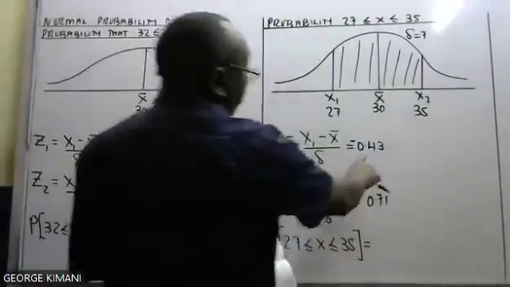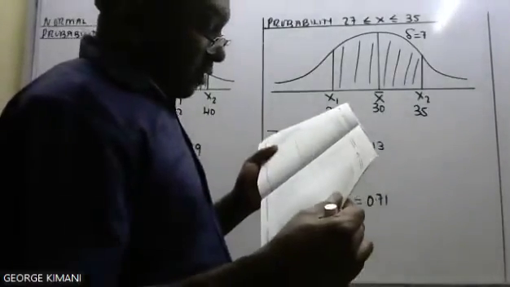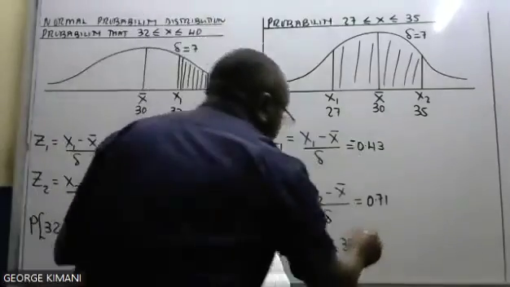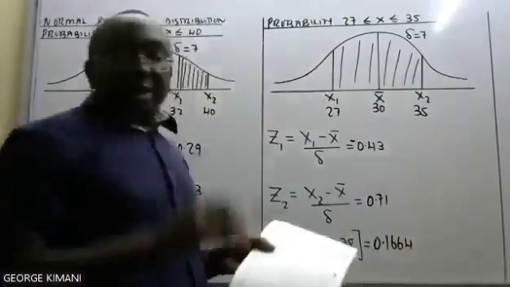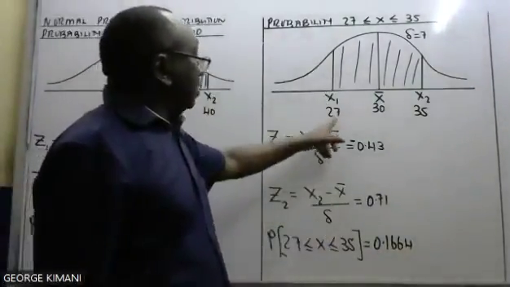So when you read for this one, 0.43, I'm getting 0.1664. That is now the probability from 27 to 30.